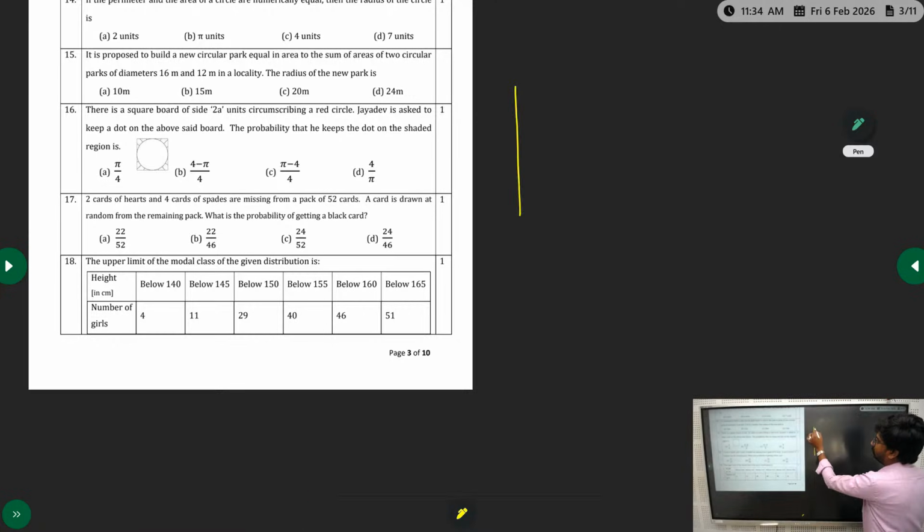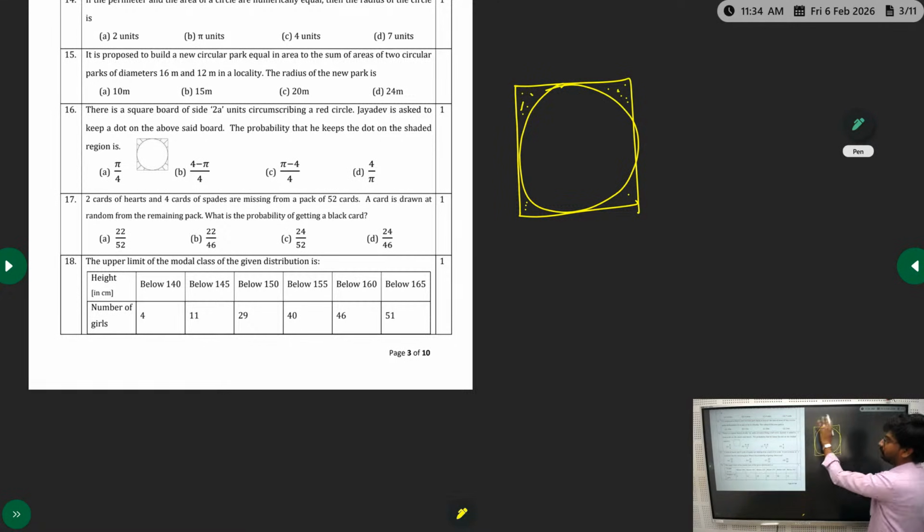So first I will draw the square and the circle. Where should be this dot? On the shaded region. Means from square I should remove what? Then only I will get. And where is this circle? Largest is sample. Which is the largest here? Square. Okay.